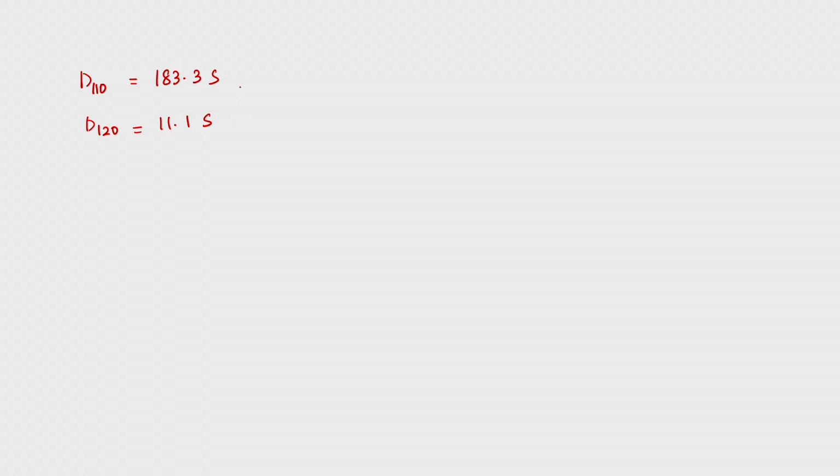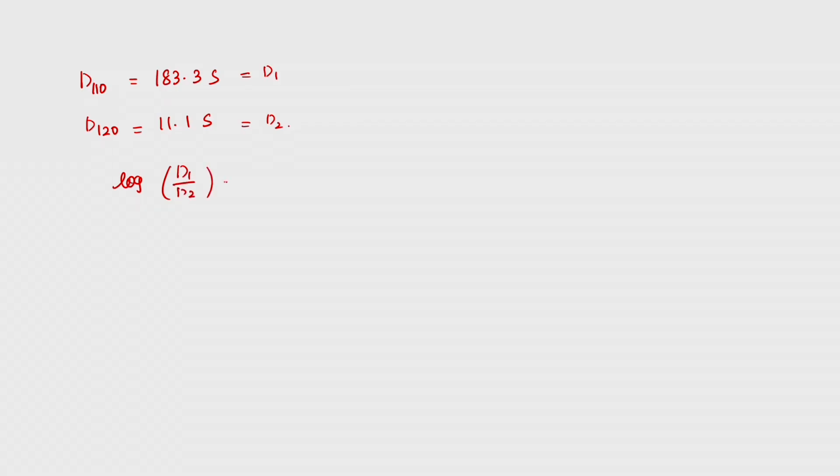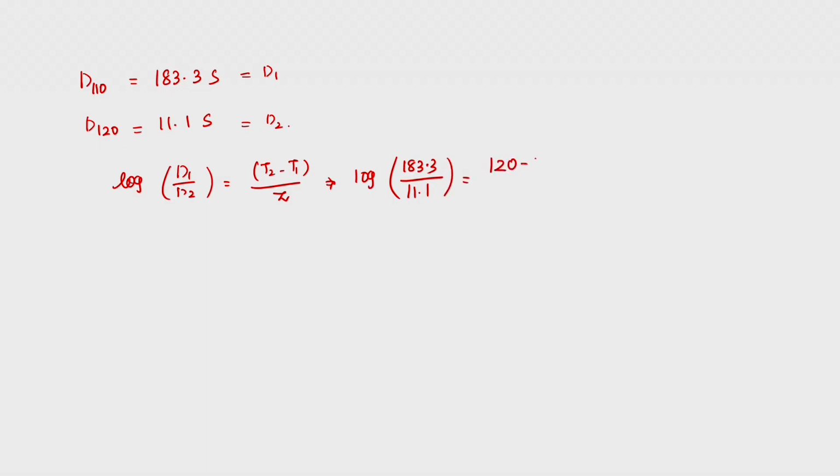So now I have taken this as D1, this is D2. We will use the formula log of D1 upon D2, which is nothing but T2 minus T1 upon Z. So this becomes log of 183.3 divided by 11.1, which equals 120 minus 110.